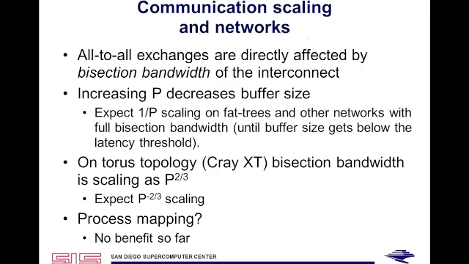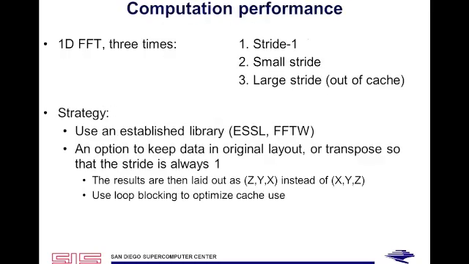I've tried to experiment with process mapping a little bit, and I have not seen a benefit so far. Basically, we have an all-to-all pattern. It's very hard to rearrange things and make it better somehow. That's all I can say in the few minutes that I have.